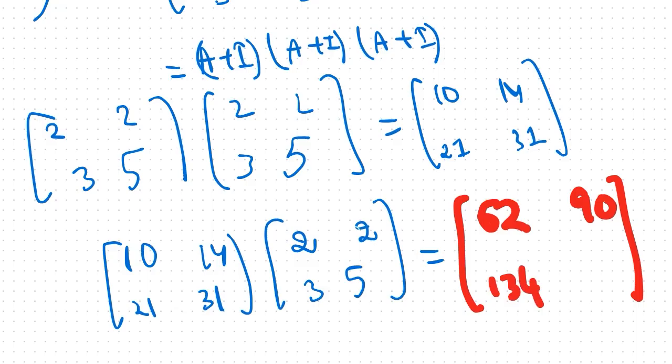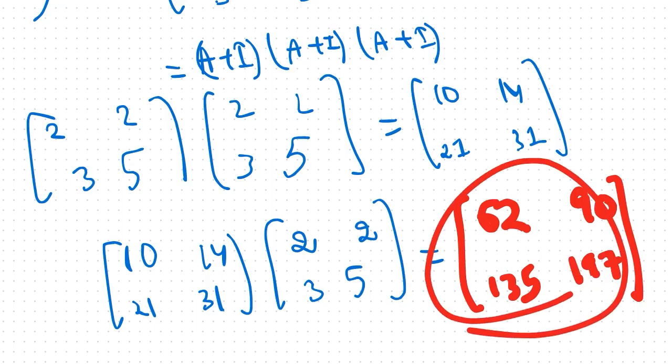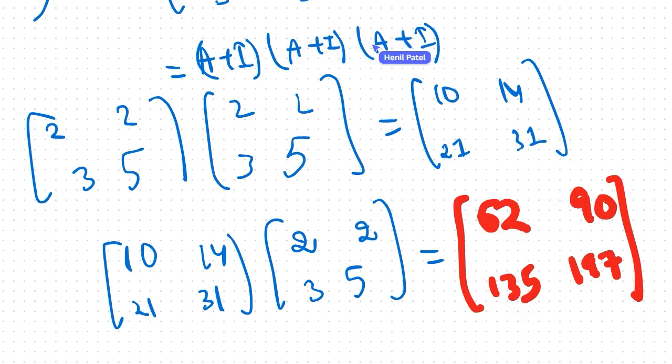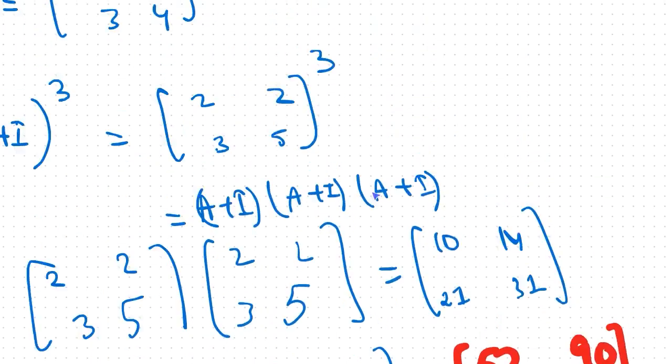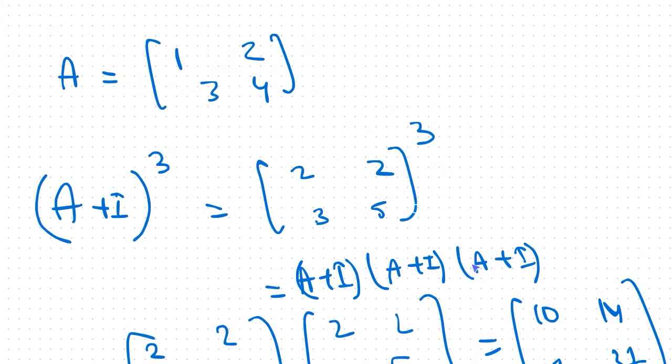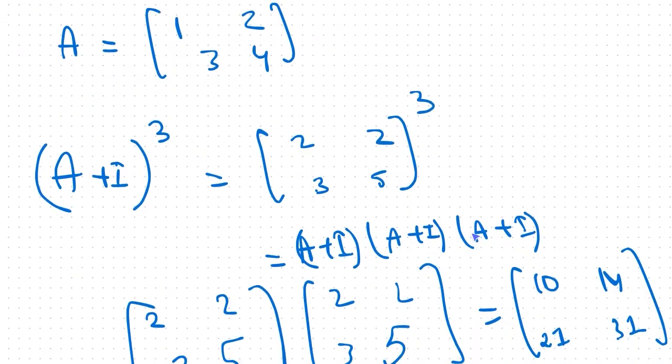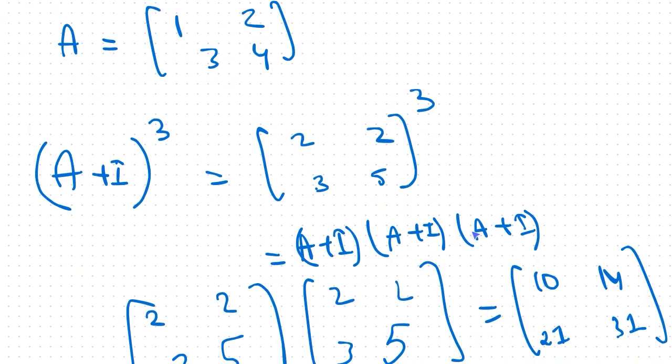Next, 42 plus 155 gives 197. Okay, so this is the answer for (A plus I) whole cube. So that's about section 1.